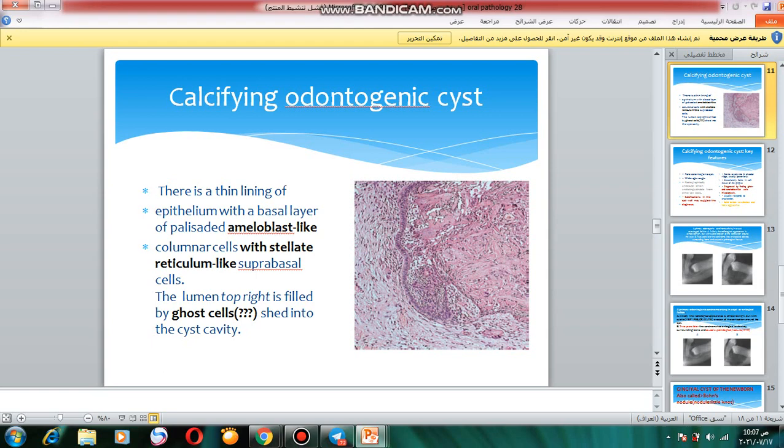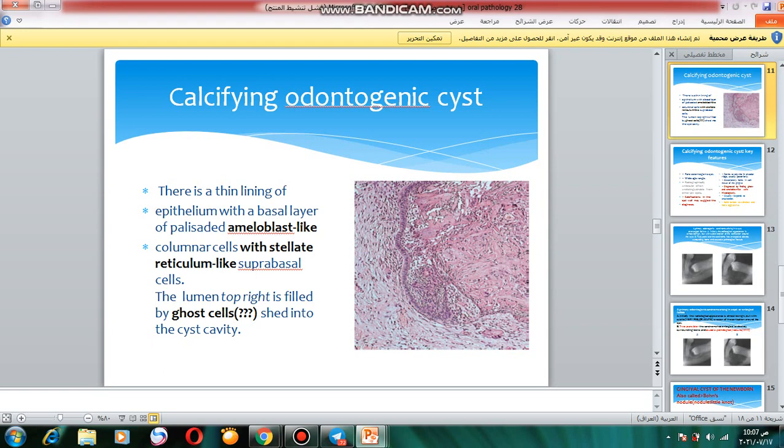So take that into consideration: this could be ameloblastoma, this could be odontogenic keratocyst, it could be both. But the characteristic feature is ghost cells. They shed inside the cavity. They are ghost cells because they don't have a nucleus.